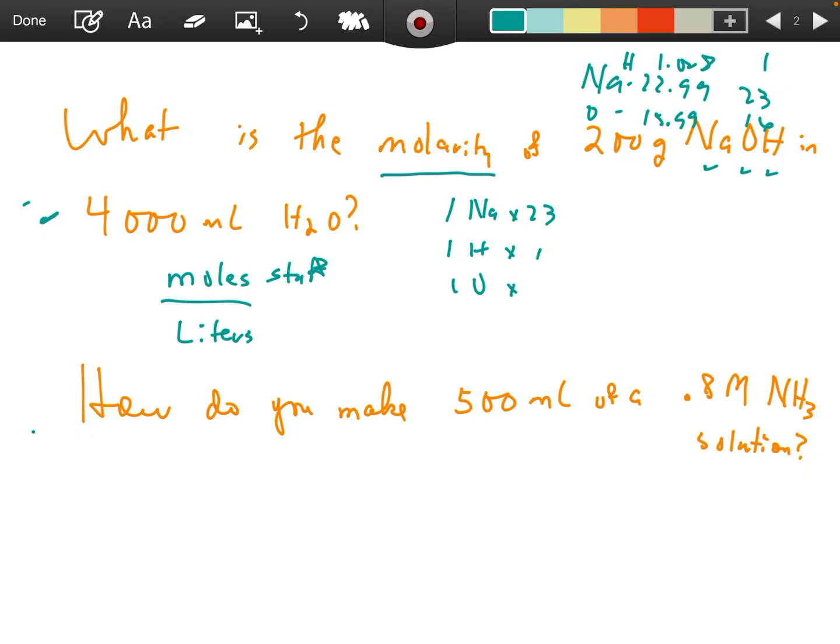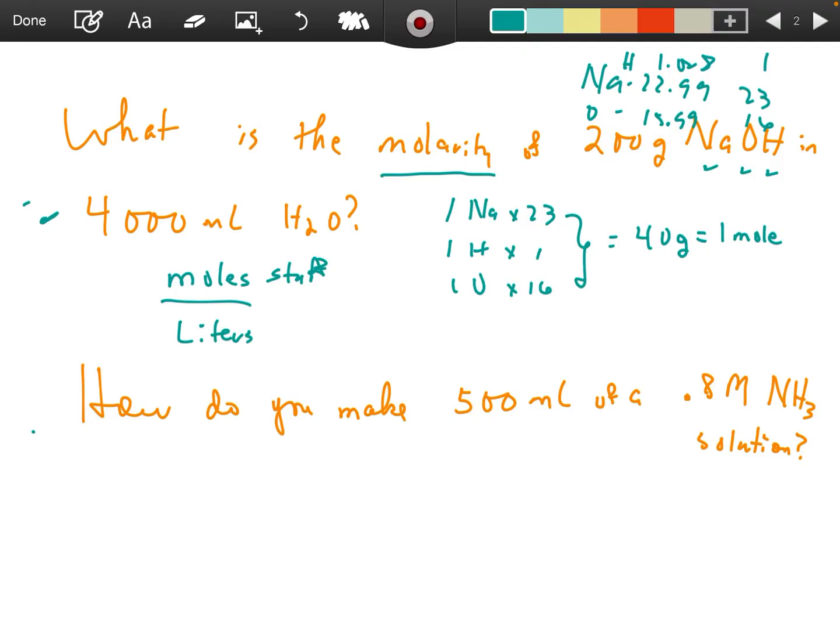You don't have to set it up like this; this one's pretty straightforward. So 23 and 16 is 39, and 1 is 40. So that is 40 grams, and I would write down that it always equals 1 mole.